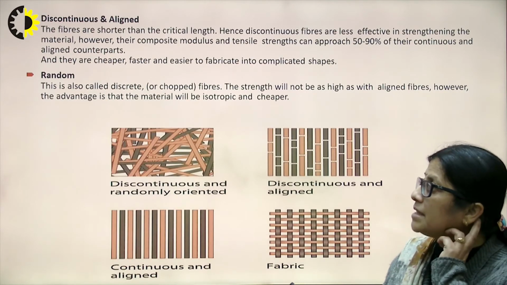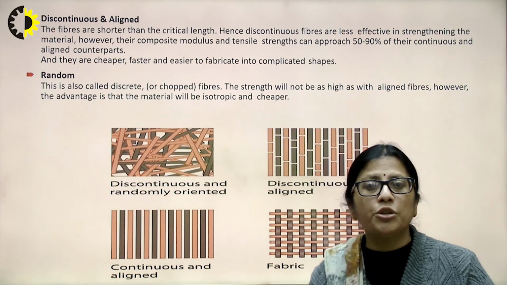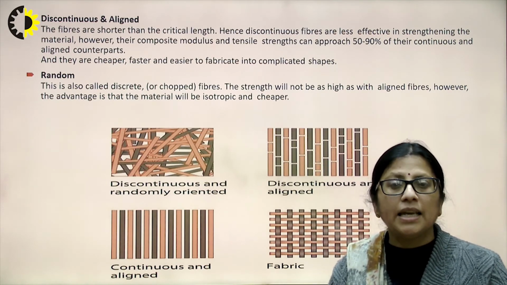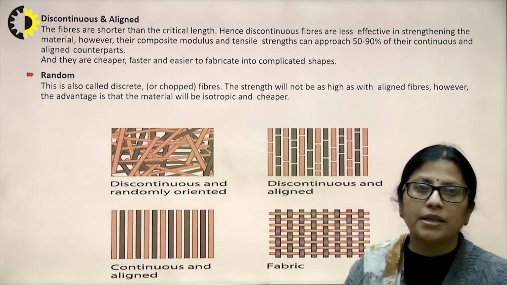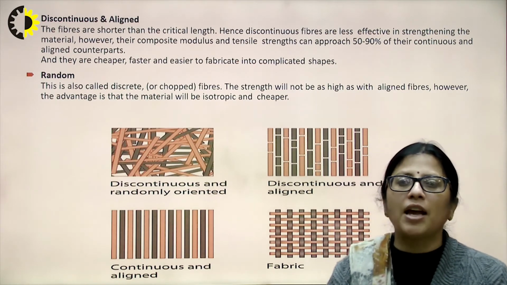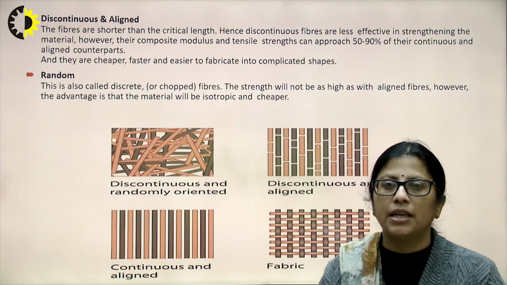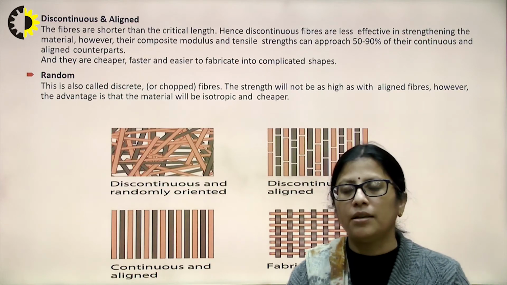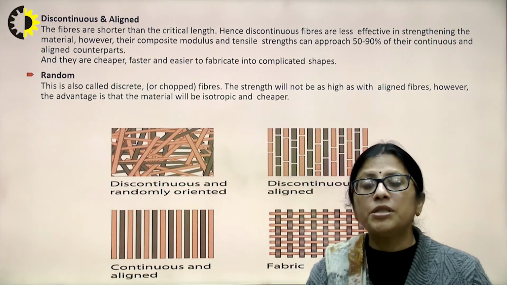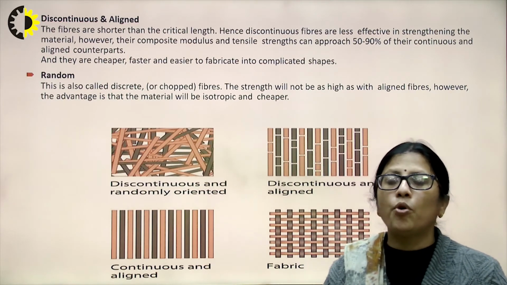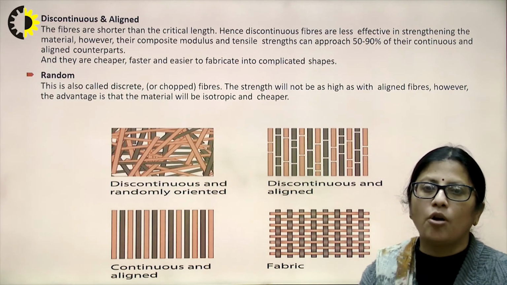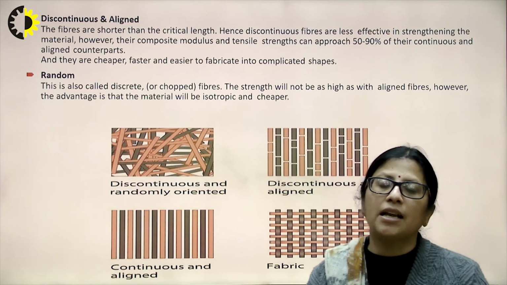Now, in this case, when the fibers are discontinuous and aligned, here the fibers are shorter than the critical length which is required. Hence, the discontinuous fibers are less effective in strengthening the material. However, their composite modulus and tensile strength can approach 50 to 90% of their continuous and aligned counterparts.